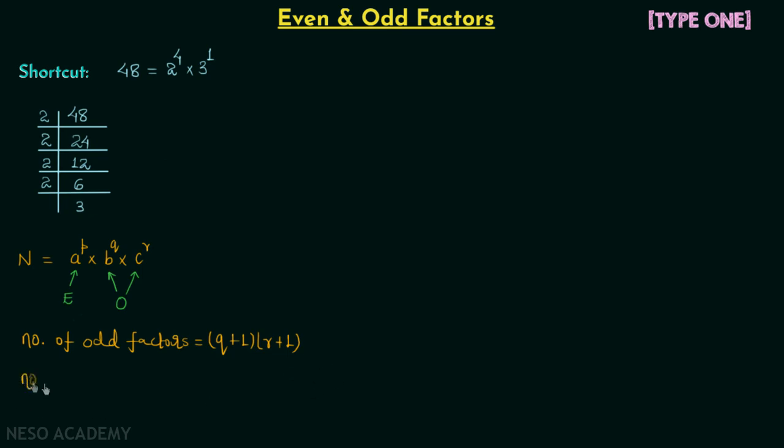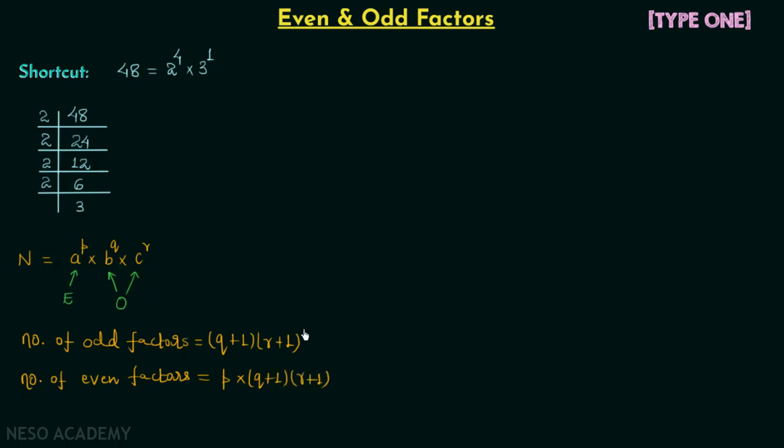Now moving on to the number of even factors. The number of even factors will be equal to the power of the even prime number, which is p, multiplied by the number of odd factors. So we have q plus 1 multiplied by r plus 1.